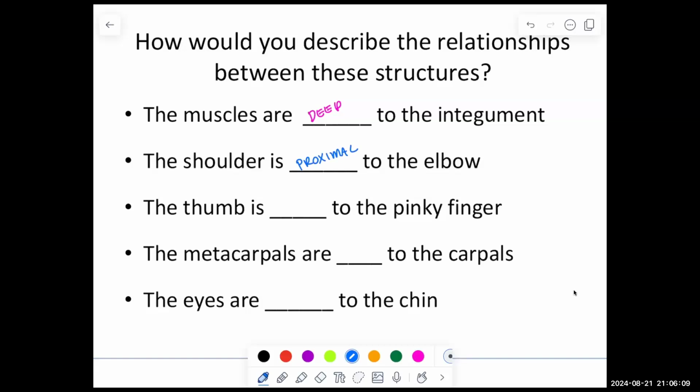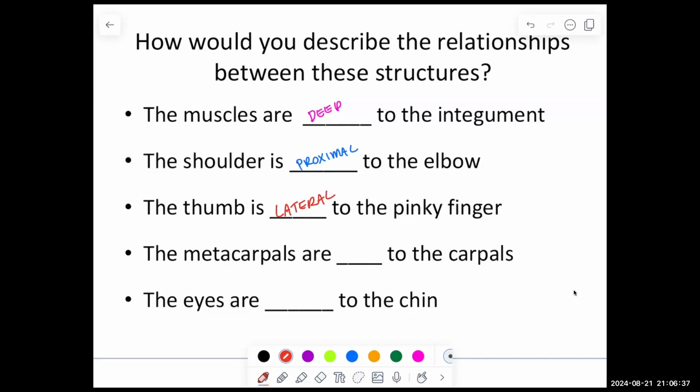This next one upsets me, but this is the answer. The thumb is blank to the pinky finger because anatomical position. The thumb is lateral. The thumb is lateral to the pinky. Where are your metacarpals?